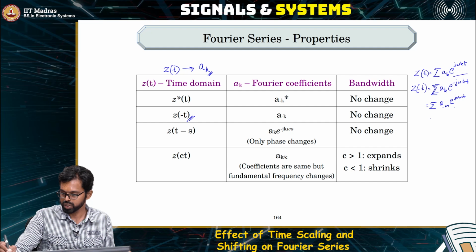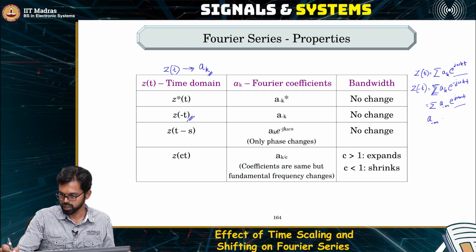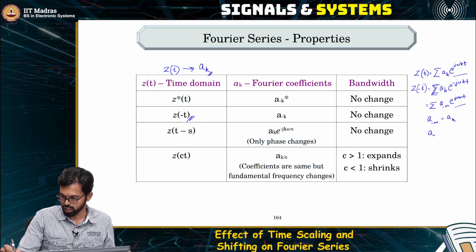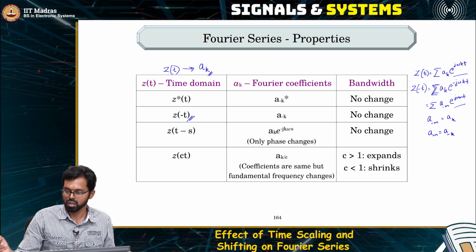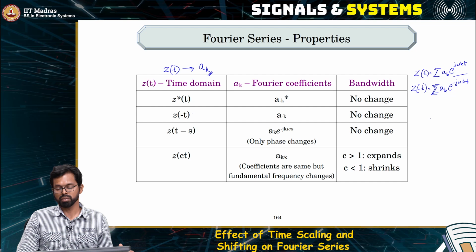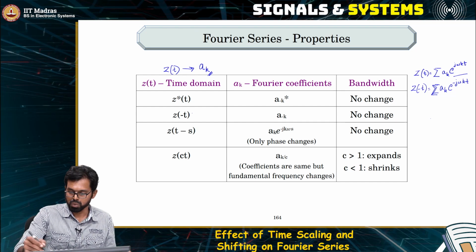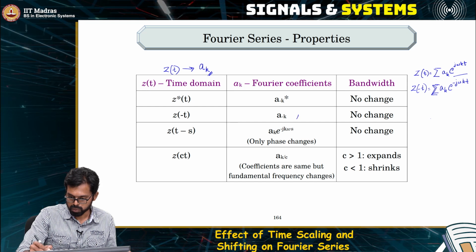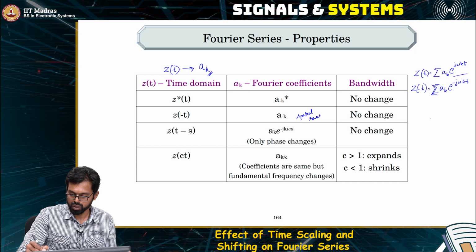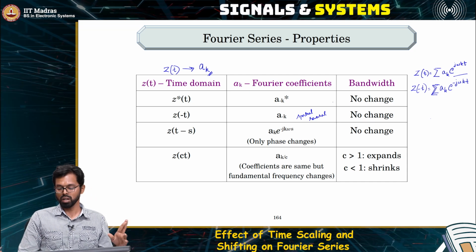Now compare the coefficients, and you can say that a_m is equal to a minus k. So whenever there is time reversal, the Fourier series coefficients also have a spectral reversal. Whatever is on the left hand side of the spectrum goes to the right hand side and the other way around.